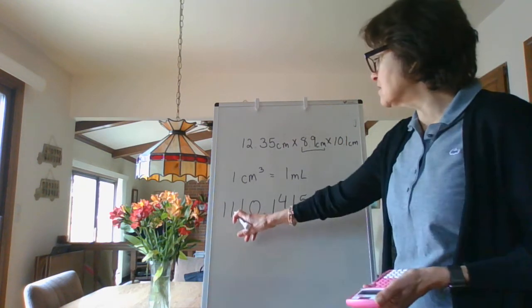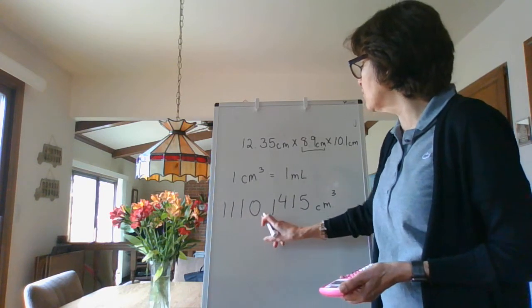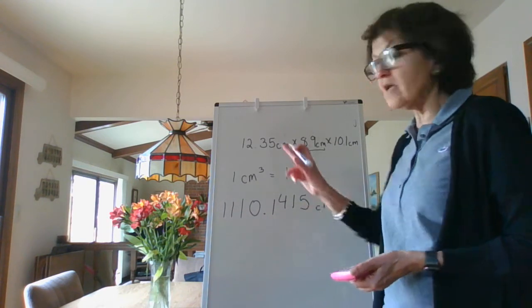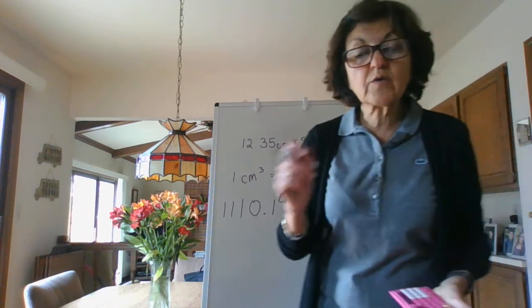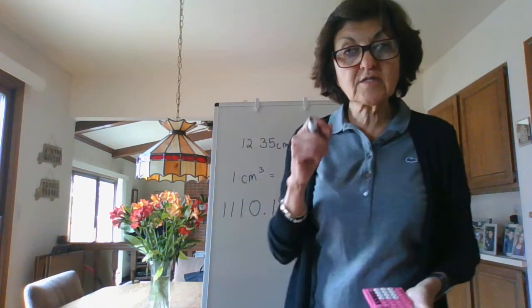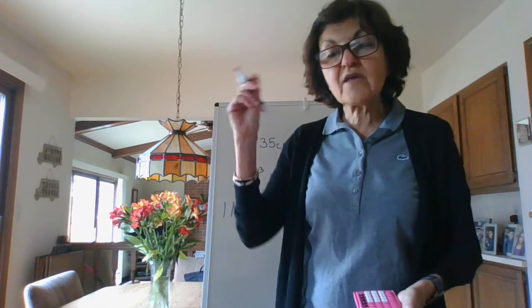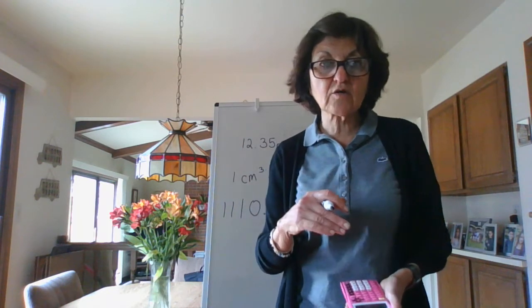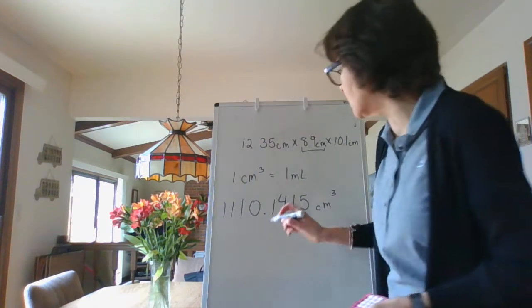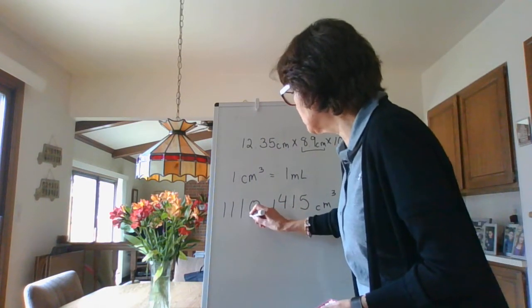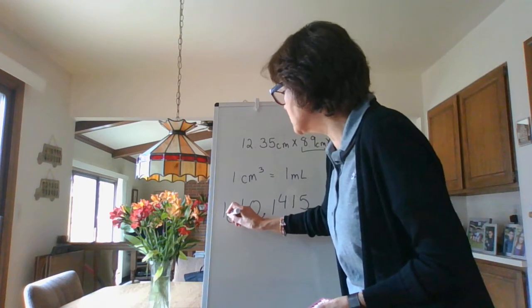Okay, well, obviously this is 1, 2, 3, 4, 5, 6, 7, 8 sig figs. The easiest way to do this is to quickly switch this number to scientific notation, and that way you could just drop all the extra digits. All right, so I'm going to go ahead and do that. I'm going to move the decimal 1, 2, 3 spots.